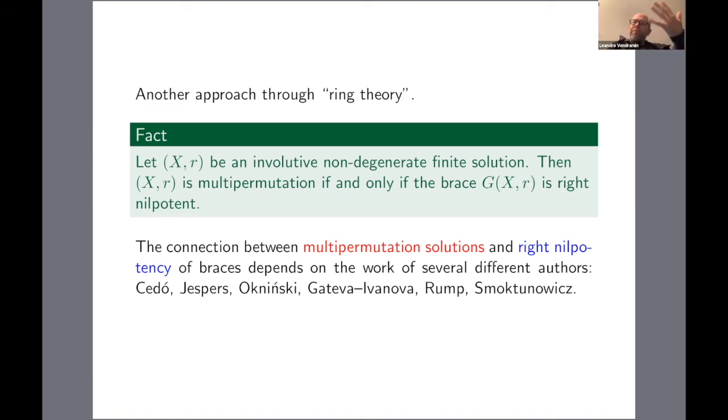Because you remember that a brace is somehow something like a ring, but you have this sort of funny distributivity condition, right? So when you want to consider nilpotency over these objects, you need to make a difference between right nilpotent and left nilpotent. And it turns out that the notion of right nilpotency is the one that corresponds to multi-permutation solutions.